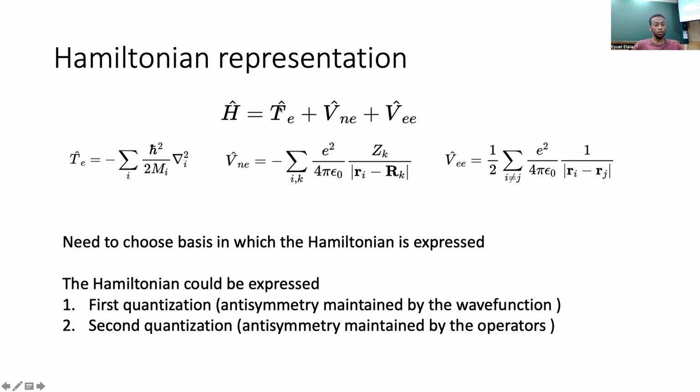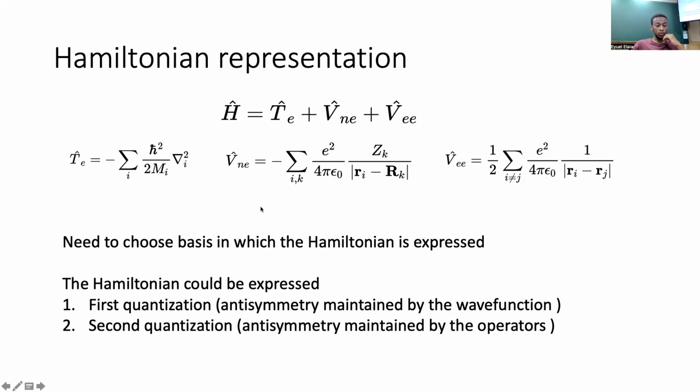From the Born-Oppenheimer approximation, we consider the nuclei to be heavy, so we consider them to not move. So we only need to consider the kinetic energy of the electrons and the potential energy of electron-nuclei attraction and repulsion energy. So the Hamiltonian would be described in this way.